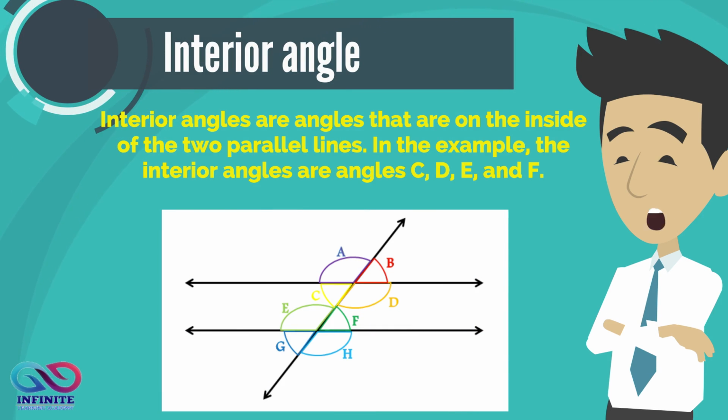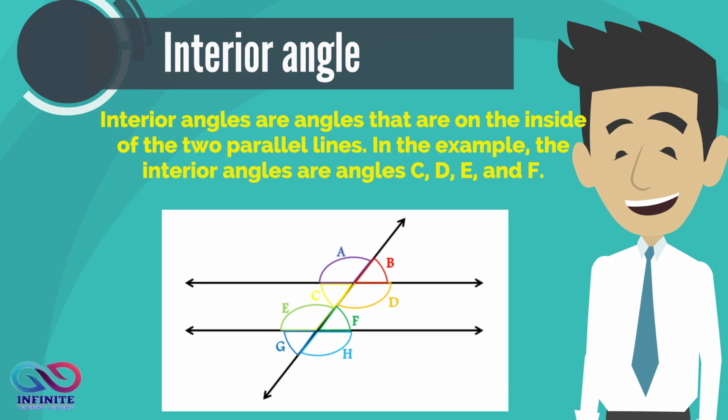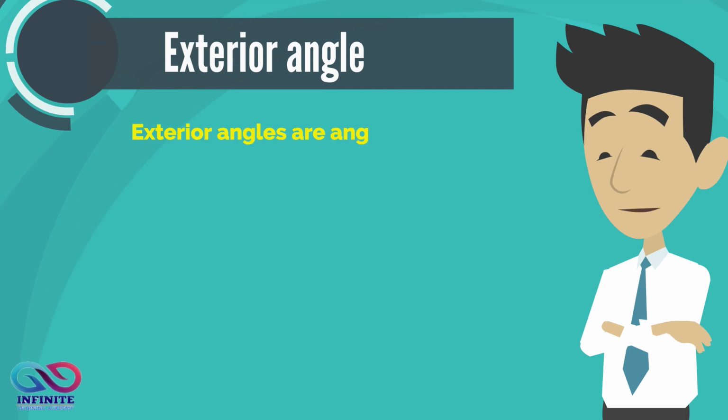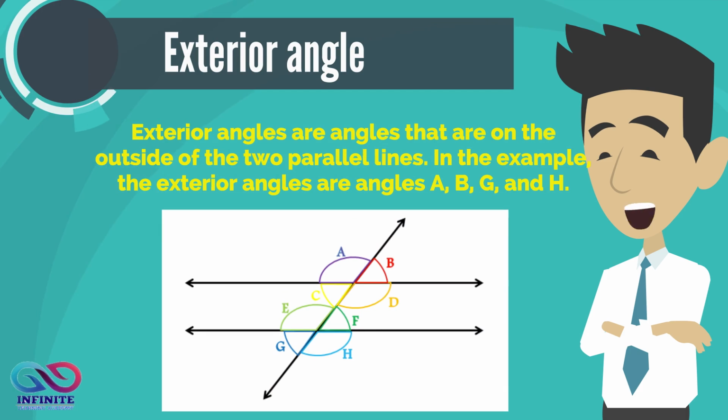In the example shown, the interior angles are angles C, D, E, and F. Meanwhile, exterior angles are angles that are on the outside of the two parallel lines. In the example, the exterior angles are angles A, B, G, and H.